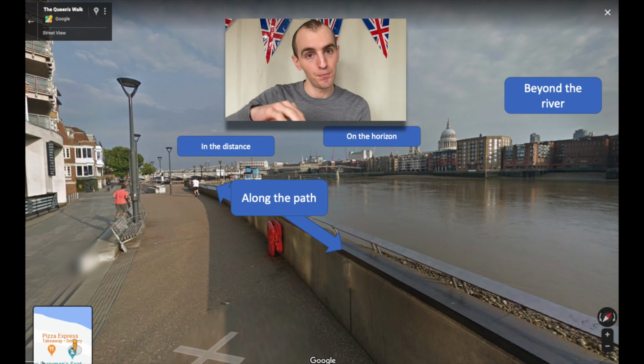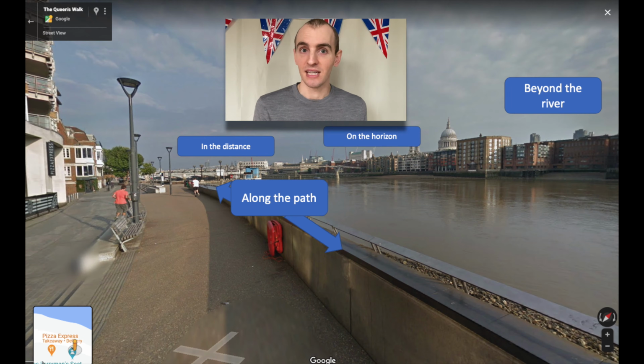Now cranes are these big metal things used for construction. They're used for building houses and skyscrapers. So there are many cranes doing construction work in London. And you can see many of them very far away on the horizon.